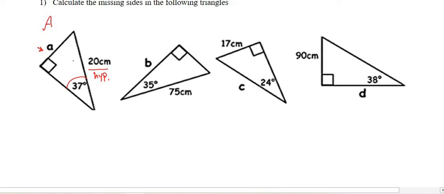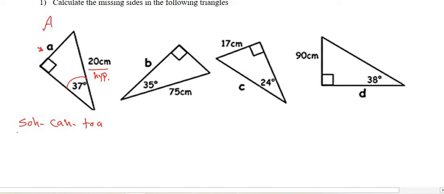So sine, cosine, or tan. Let me write them down. So CAH, TOA. Which one of them connects the opposite and hypotenuse?